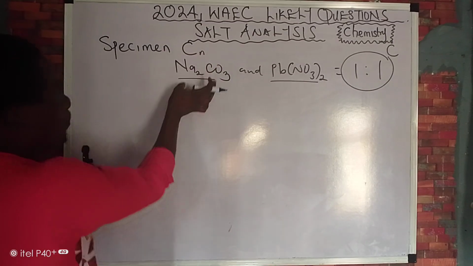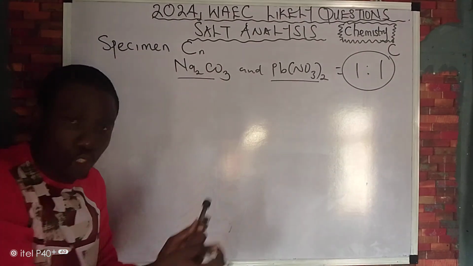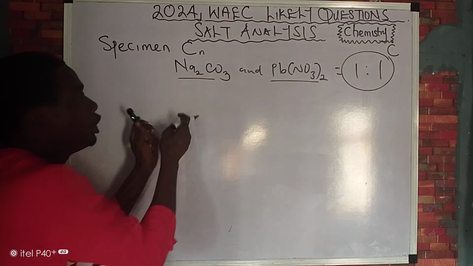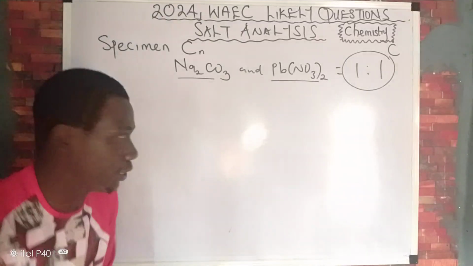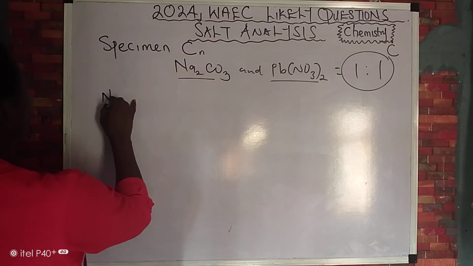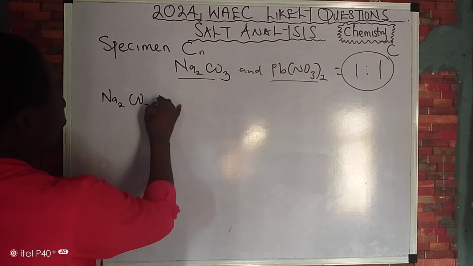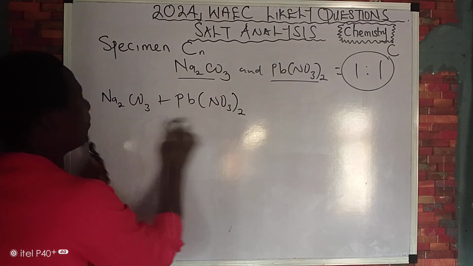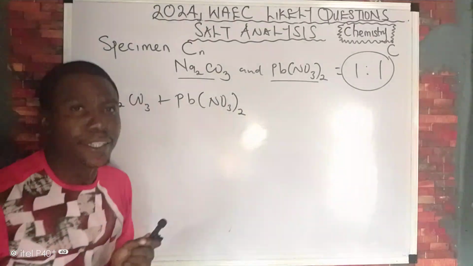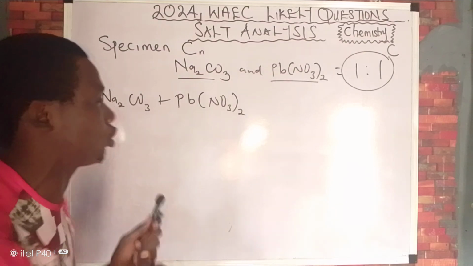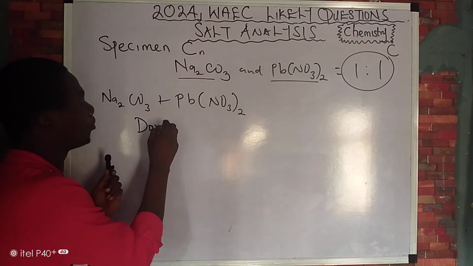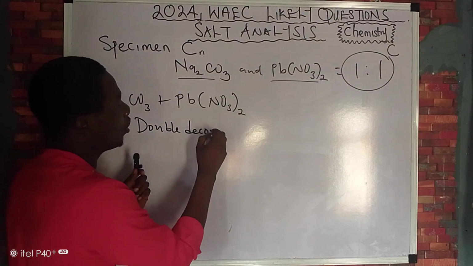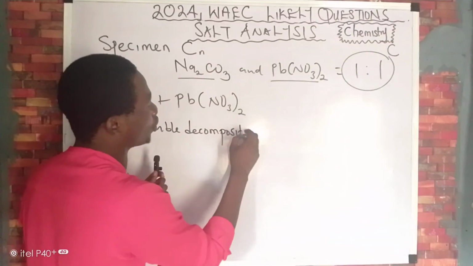Now, let's assume these two are mixed together in a container. They will first of all react together. If you have sodium carbonate plus lead-2 trioxonitrate 5, they will undergo a chemical reaction called double decomposition. What is double decomposition?